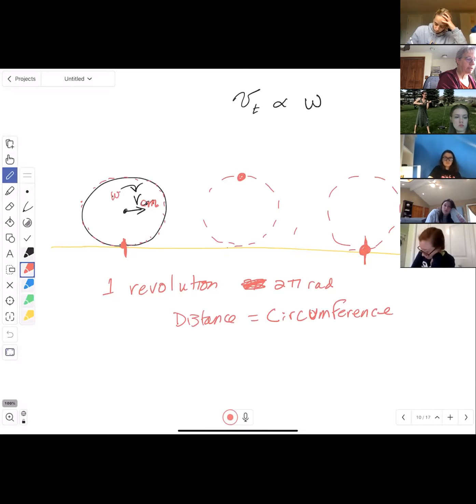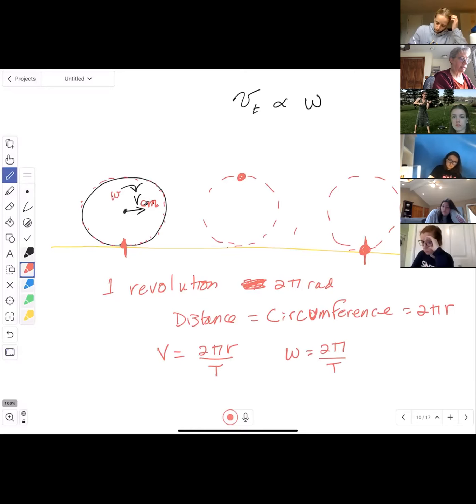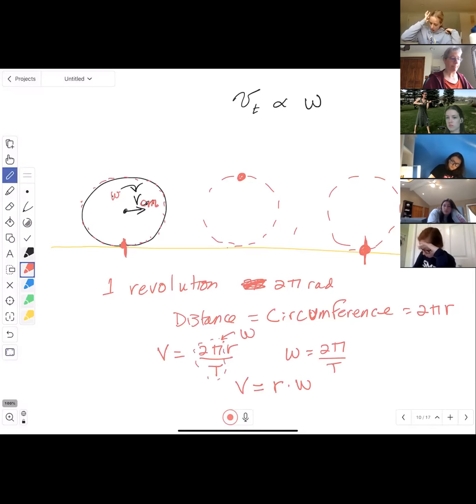And that's supposed to be u, which would be 2 pi r. So if the velocity is such that they went 2 pi r in some amount of time, and omega would be it went 2 pi radians in some amount of time, then it must be that v is equal to r times omega, because 2 pi over t is just omega.